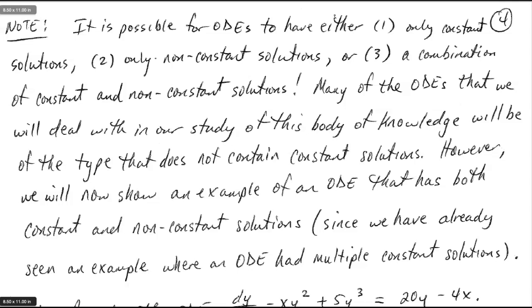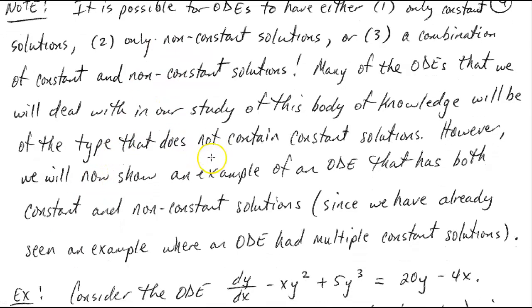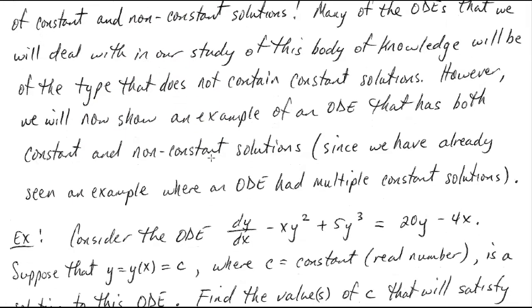Many of the ODEs that we deal with in this body of knowledge will be the type that does not have any constant solutions. As we get deeper into this course, we're going to see that. However, we will now show an example of an ODE that has both constant and non-constant solutions. I'm doing this so that you can see the difference between the two, okay?